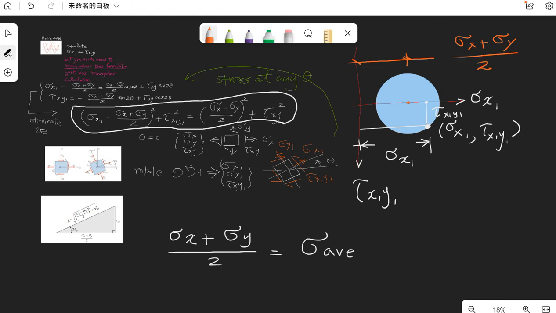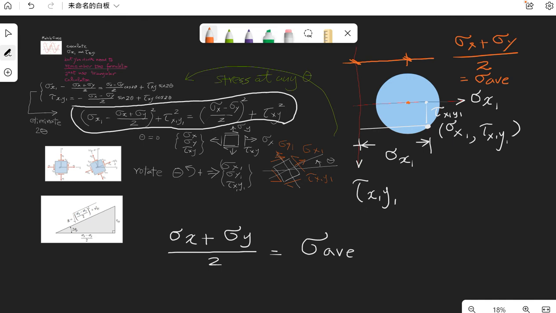So this should be the distance. And this is the sigma average, the average stress, because divided by 2.